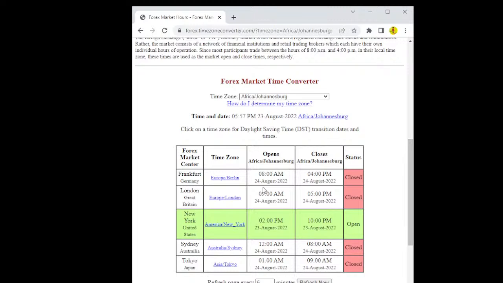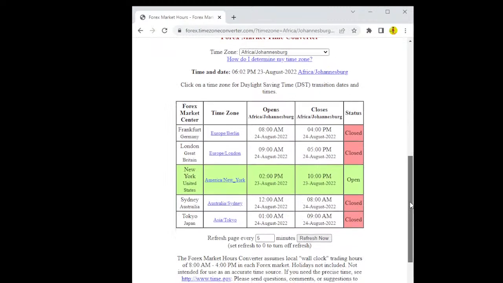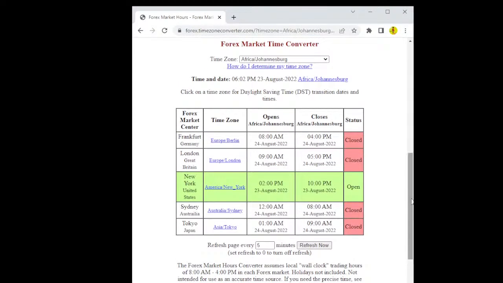When you're talking about indices, you can still look at them at this time, all of them. Things like US 30 and NAS 100, you can sometimes find opportunities during these times. It's not always constant, because those things have a personality of their own. But that's what you can expect.